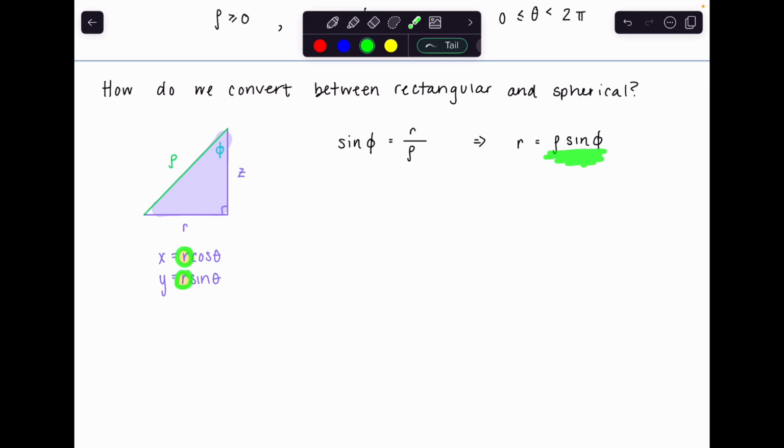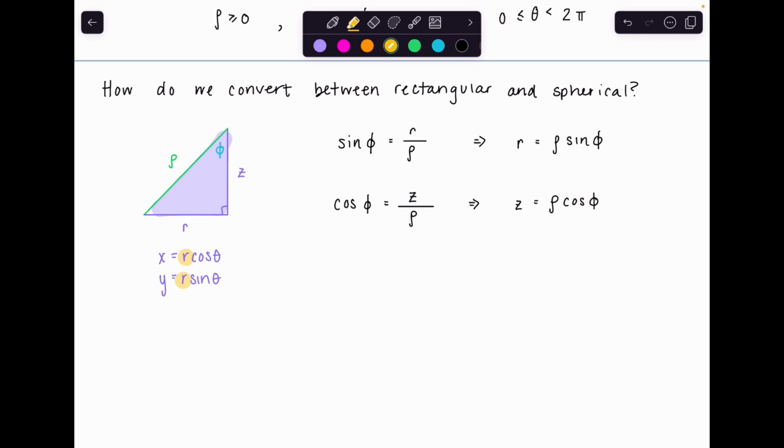I now am going to be able to get x and y purely in terms of rho, theta, and phi. And so I've got x and y done, but I need to figure out what happens with my z component. And so the same kind of thing, I can just use cosine of my angle. So cosine of phi is adjacent over hypotenuse. My adjacent side is z. My hypotenuse is rho. So that gives me that the z coordinate is rho cosine of phi.